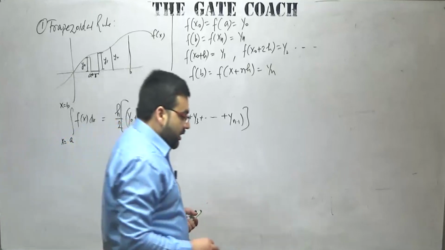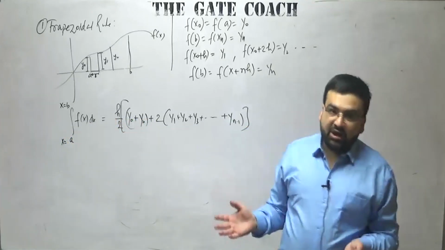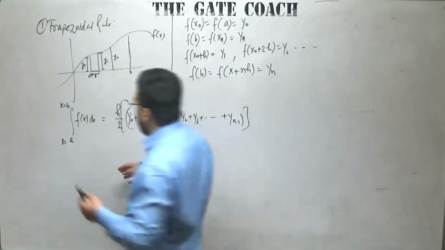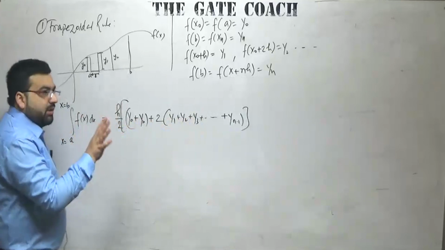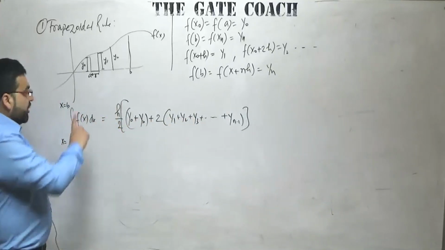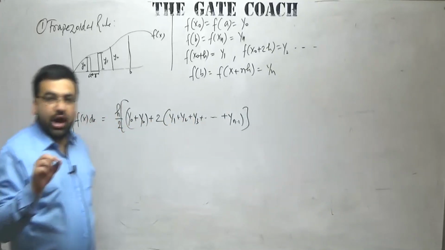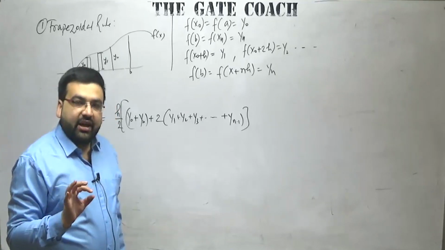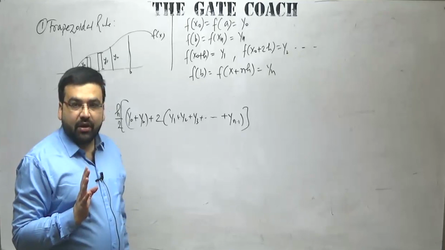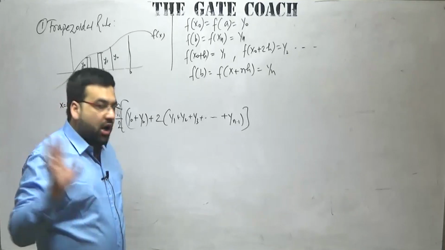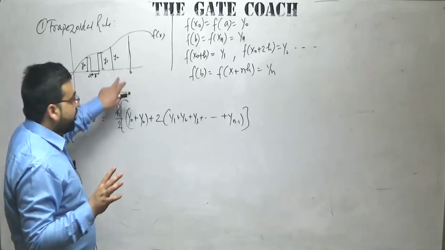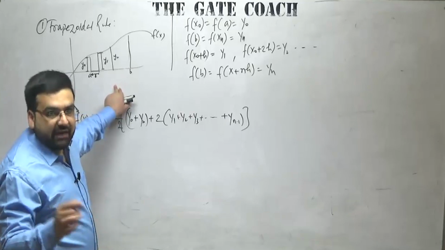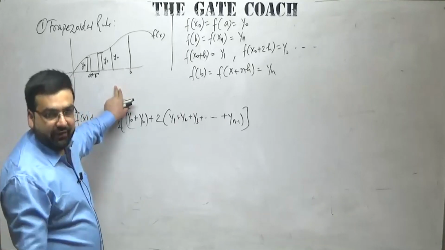But for an nth order polynomial, for example, the integration will not depend upon this. It actually depends upon the interval, whether you have to put n equal to 1, 2, or 3. Now see, if you have an interval which is not a multiple of either 2 or 3 or 6, then first of all, trapezoidal rule is valid for every interval.